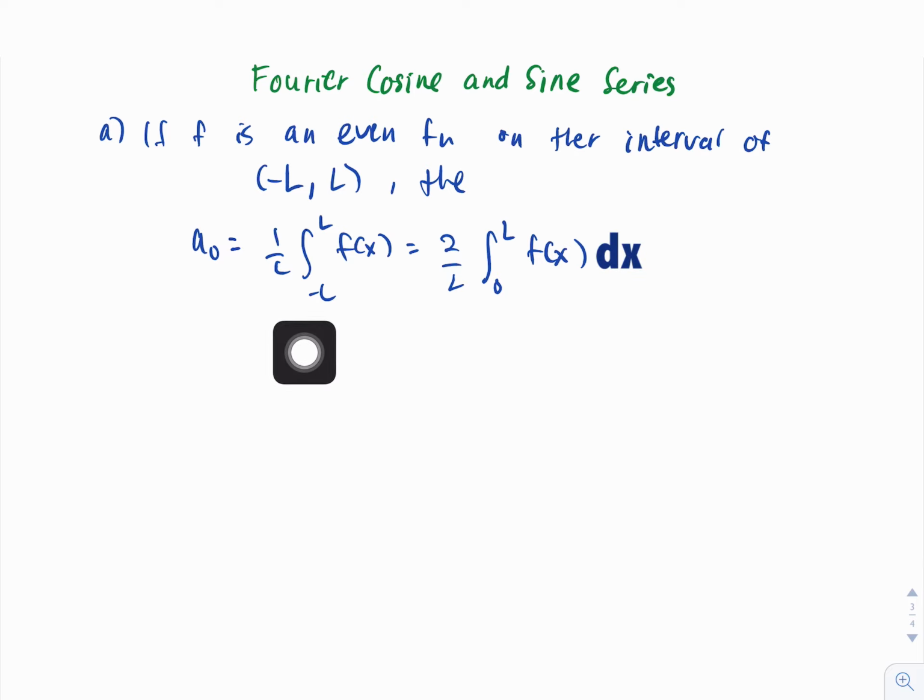This comes from the Fourier series as I mentioned earlier, and we get 2 over L from 0 until L, and this comes from the theorem, which is theorem F.